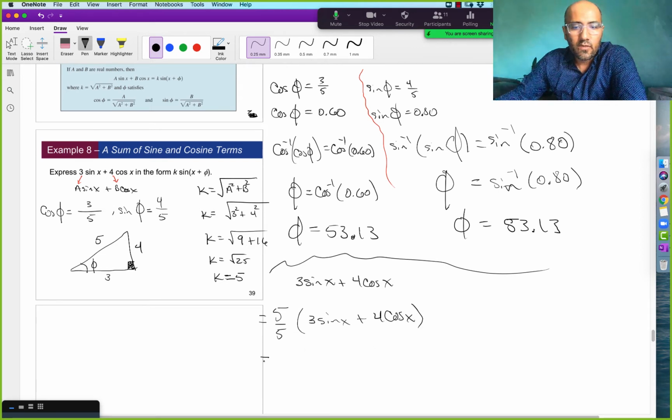Good. Then we keep that 5 out here, and then we distribute it, and we end up with 3/5 sine x plus 4/5 cosine of x.